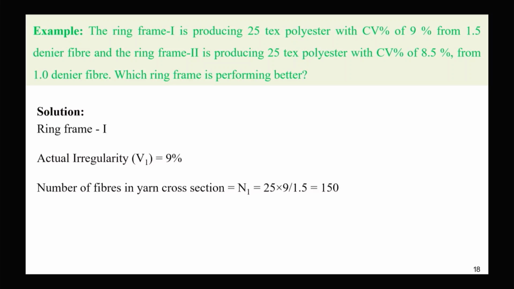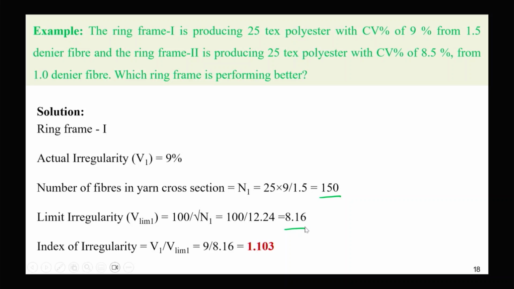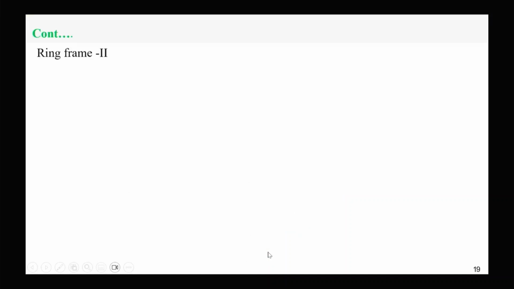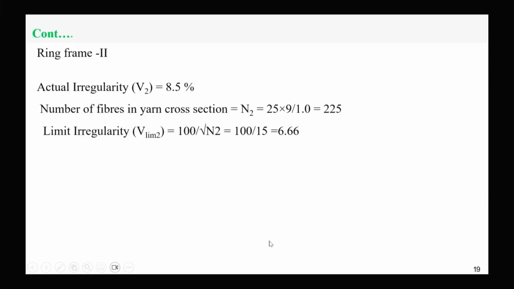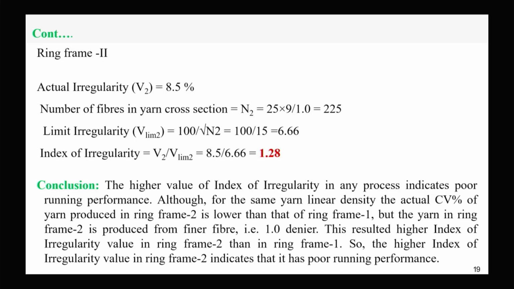Now the solution is given here. Number of fibers in the yarn cross section approximately. So limit irregularity was 8.14 and index of irregularity 1.1, and for ring frame 2 the number of fibers was typically 227 and index 1.28.